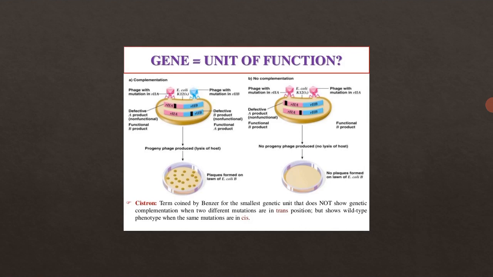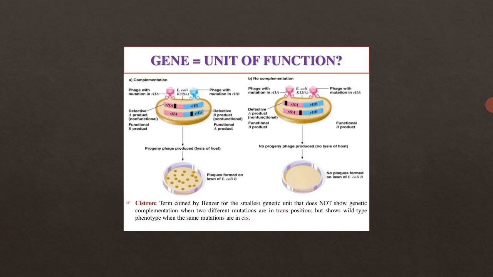Now you can see the second one, on the right hand side. Okay, before coming to that complementation, this property, when both mutations are present in different genes, not a single gene, is called the trans configuration. Okay, or we can also call it intergenic mutations.